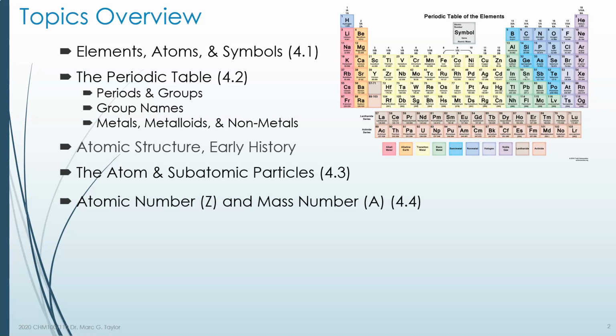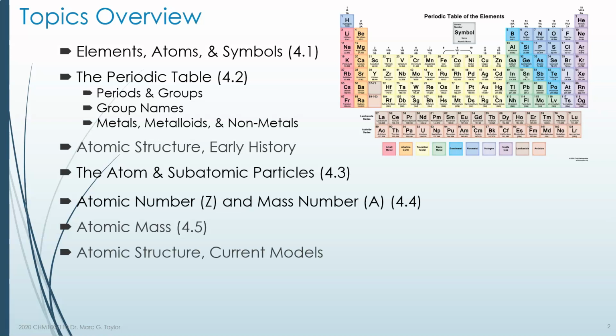And the mass number, which is the number of all the particles in the nucleus of the atom, the center of the atom. These are the heavy particles that give most of the mass to an atom. We'll talk about the atomic mass, which is the average mass, you can think of it as weight, the average mass or weight of a typical atom of a single element.